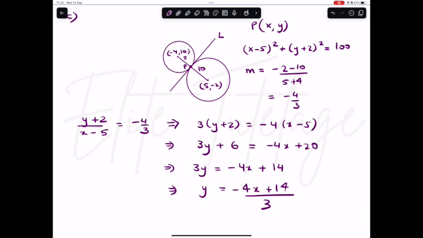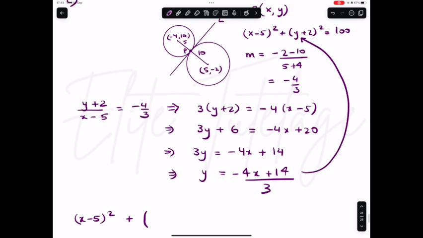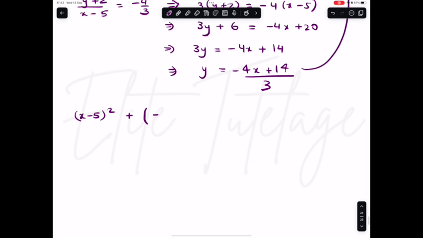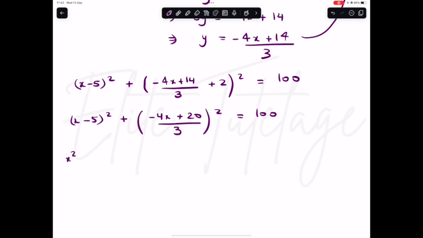I'm going to put this form into the equation of the bigger circle. So (x minus 5) squared plus ((-4x plus 14)/3 plus 2) squared equals 100. It may seem tedious, but it's really simple if you combine the second fraction together with 2. So ((-4x plus 20)/3) squared and equals 100.